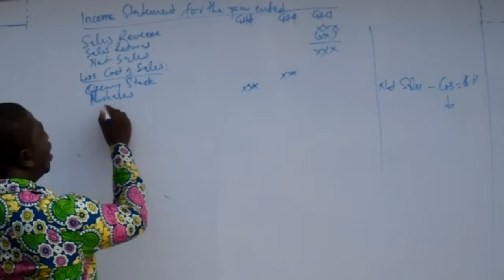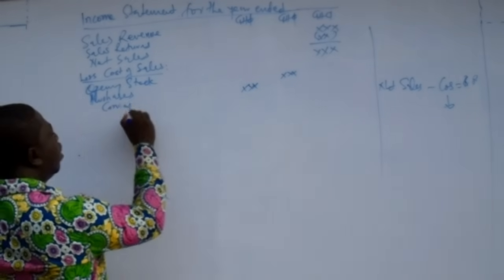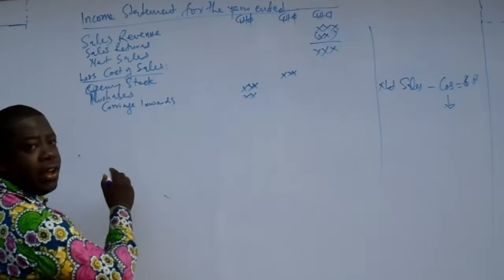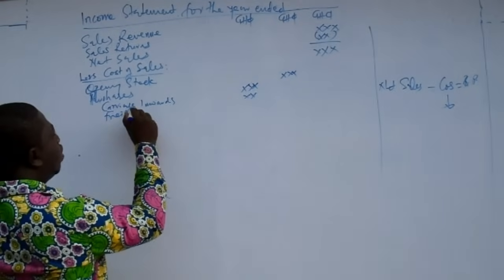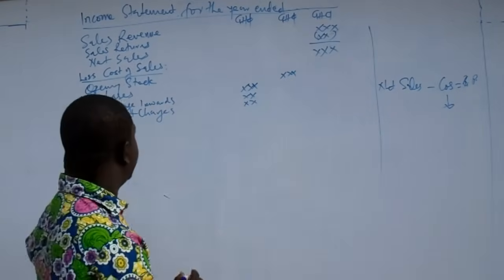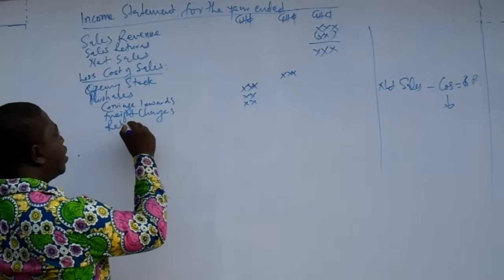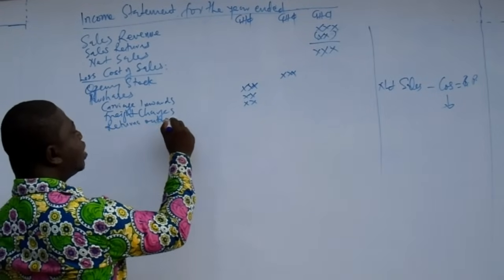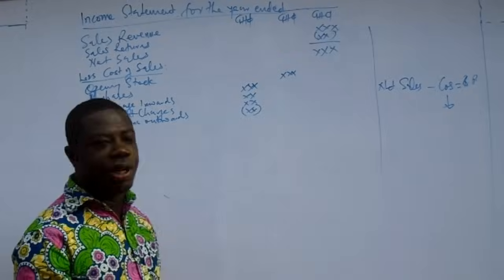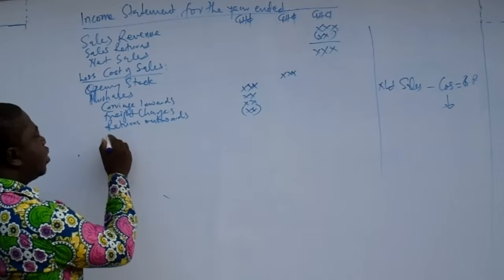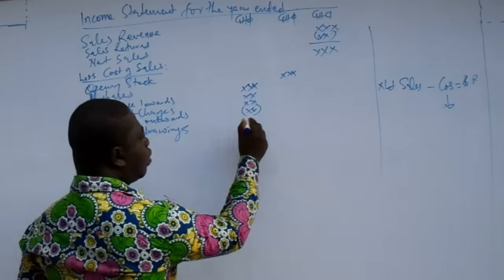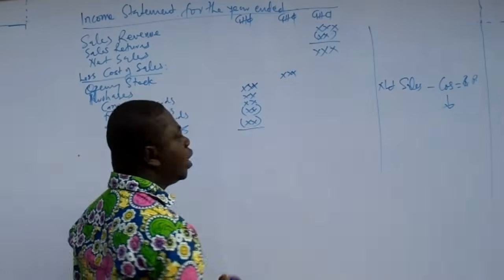And so we'll write our purchases figure on the first currency sign. Then we do all the adjustments on the purchases. If there are carriage inwards, we add the carriage inwards to the purchases figure. If there are any freight charges, they are added to the purchases figure. Now, if there is any returns outwards or purchases returns, that will be subtracted, because I told you that when we are subtracting, it should be in brackets. And then any stock drawings will also be subtracted.